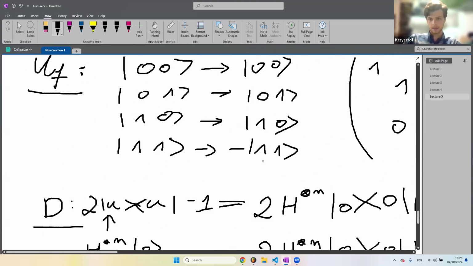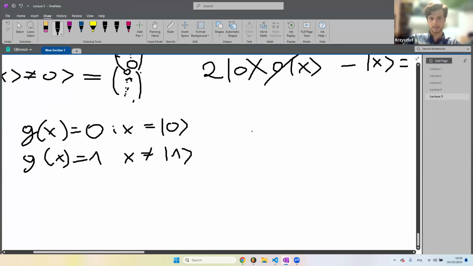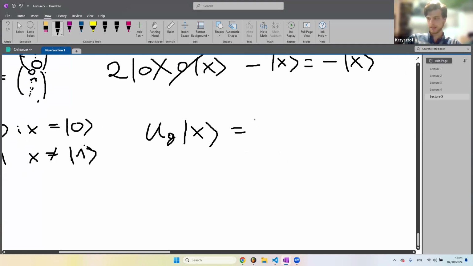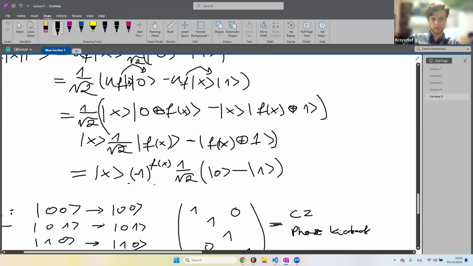And you can think of this gate as the same gate like in the case of our auxiliary qubit. So UG applied to x should have the same effect as the gate we talked about before, right?